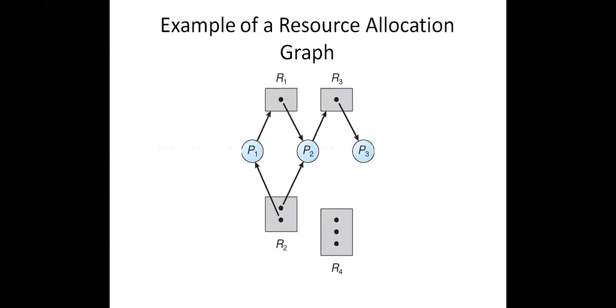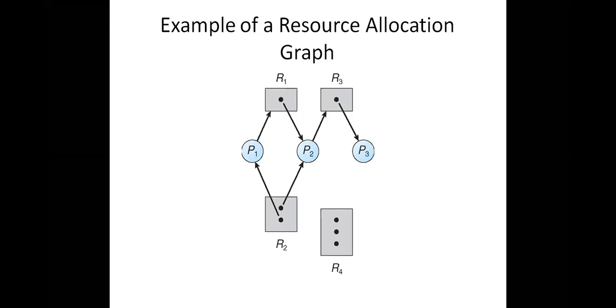Likewise, R3 also has only one. Next R2, there are two instances of R2 type available. And coming to R4, we have three instances of R4 resources available. Okay.